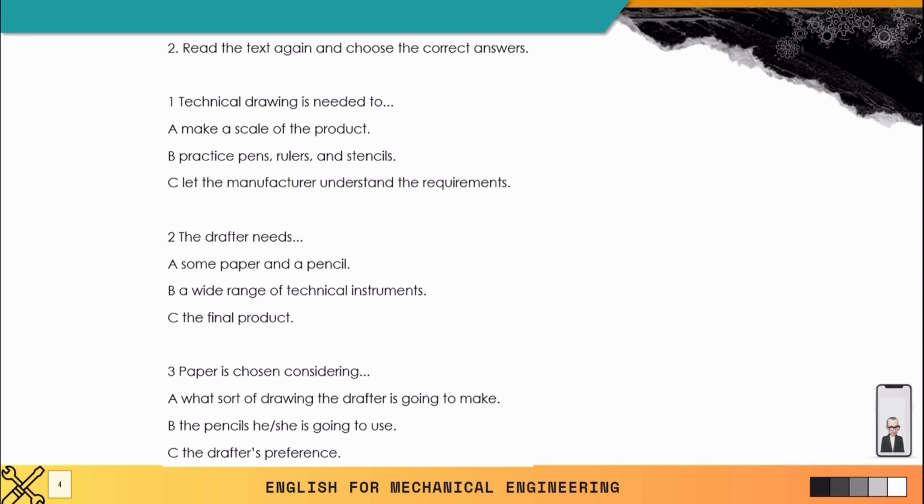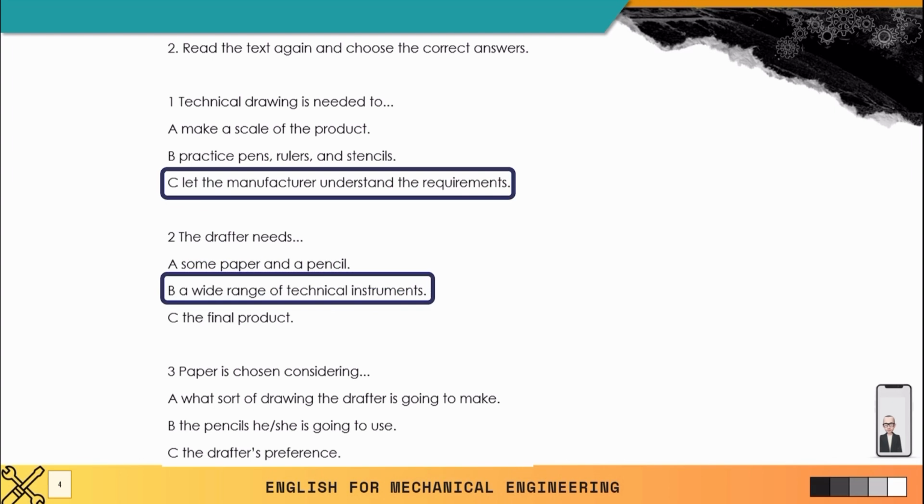So number 1 reads, technical drawing is needed to make a scale of the product, practice pens, rulers, and stencils, or let the manufacturer understand the requirements. The correct answer is it is used to let the manufacturer understand the requirements. The drafter needs, and the answer is a wide range of technical instruments.